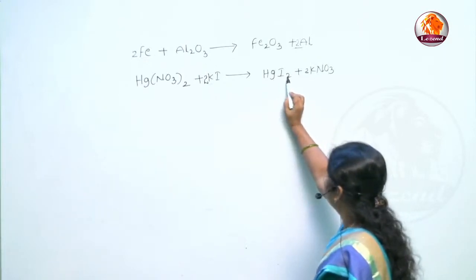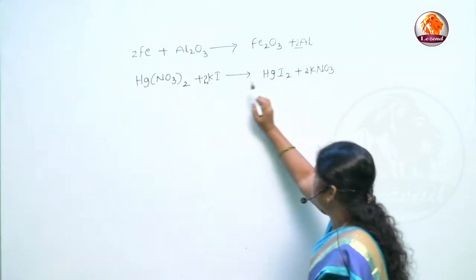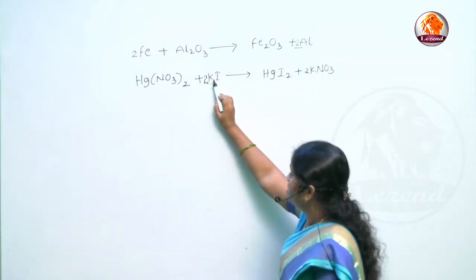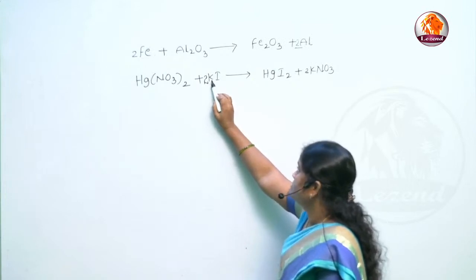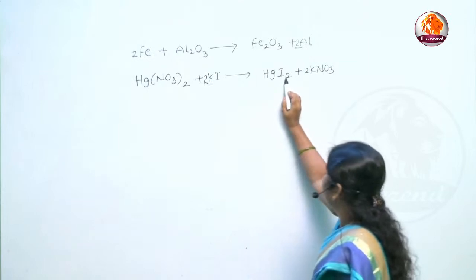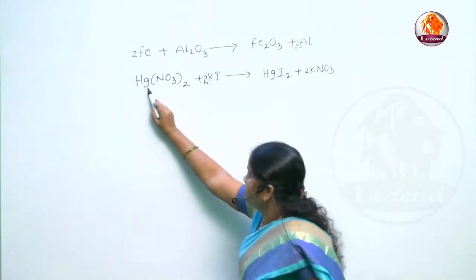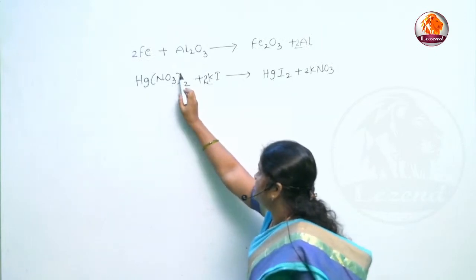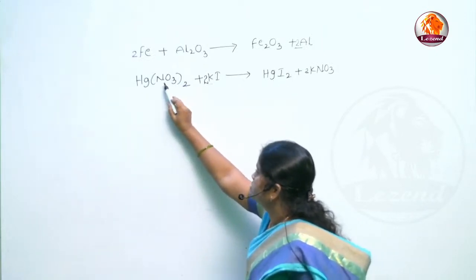In mercuric iodide, I2 means 2 atoms of iodine. So 2KI, potassium iodide, means 2 atoms of potassium and 2 atoms of iodine. Potassium is balanced, iodine is balanced, and 1 atom of mercury is balanced.